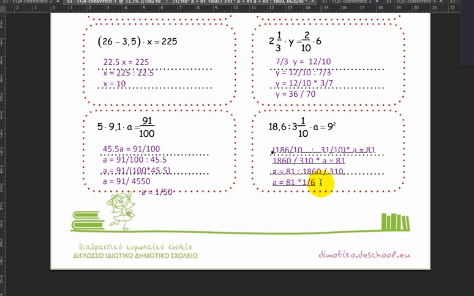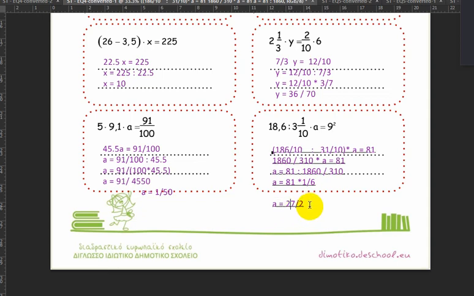So if I continue this, what I get is that A is equal to 81 times 1/6, which will give us, one moment, 27 halves, which we can just leave like that.